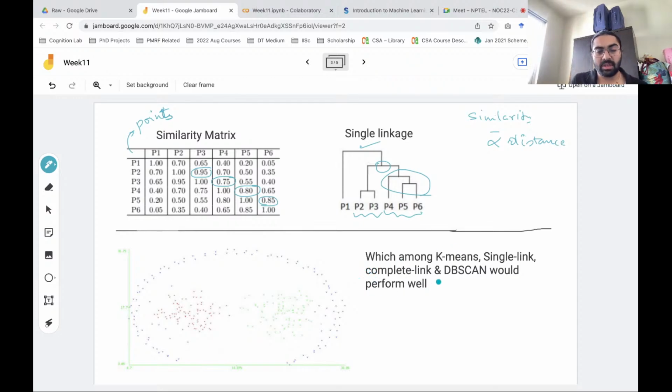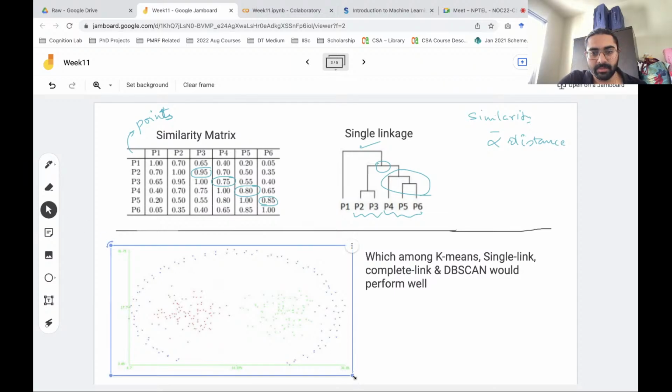So we had this one question in your practice questions which said, which among K-means, single link, complete link and DBSCAN will perform well on this data? Any ideas as to what would work in this and why? Any ideas?